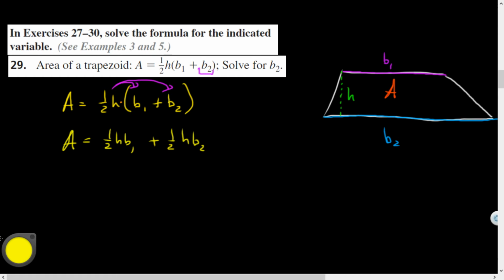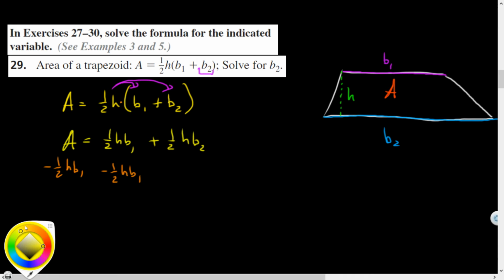Base 2 is being multiplied by this thing, and it's being added to this thing. So I want to deal with this part first, the thing that it's not being multiplied by. So I'm going to subtract 1/2 h b1 from both sides. I know this is weird. It's like, where did the numbers go?